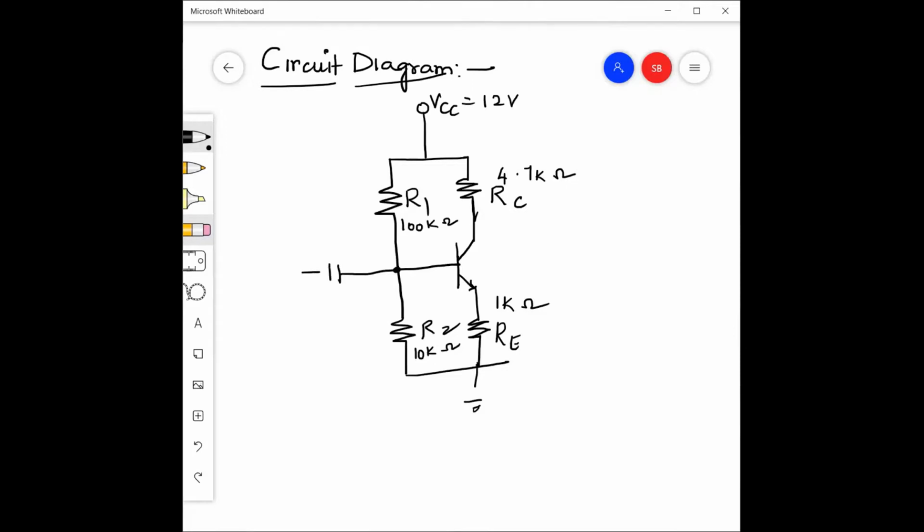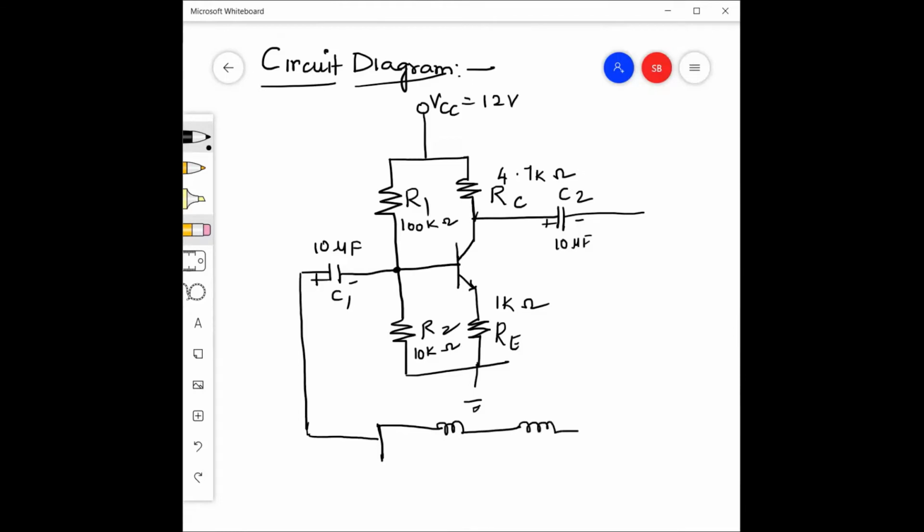At the input side, I am connecting a capacitor of 10 microfarads, called C1. Now to this, I will connect my tuned circuit. At the output, I am connecting a capacitor C2 of 10 microfarads. To this output, I am connecting the other end of my tuned circuit: 4 millihenry inductors L1 and L2.